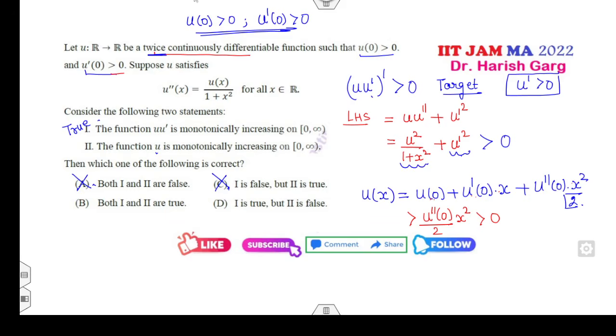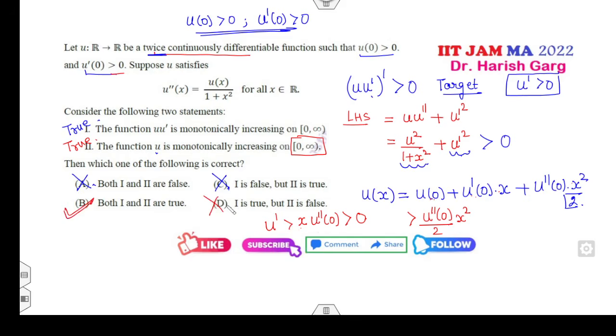That whole number is u of x. Now differentiate them. Your target is to prove u dash greater than 0. What is u dash? The 2 will be cancelled out, leaving x times u double dash of 0. Because x is strictly positive, this number is greater than 0. Yes, this statement is also correct. So both are true statements.